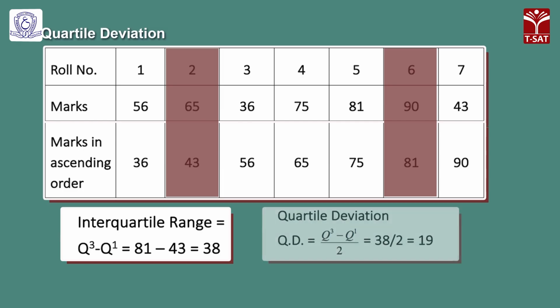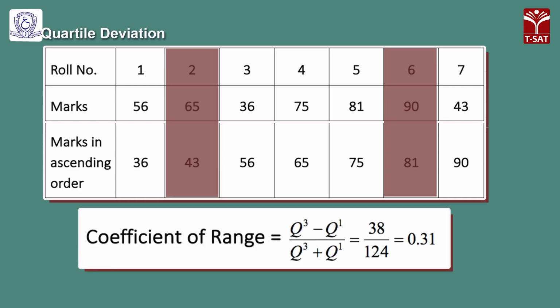In order to calculate the quartile deviation, the formula is QD is equal to (Q3 minus Q1) divided by 2. So that is equal to (81 minus 43) divided by 2, that is 38 divided by 2, which is equal to 19. So the quartile deviation of the scores is 19. And let us calculate the coefficient of range.